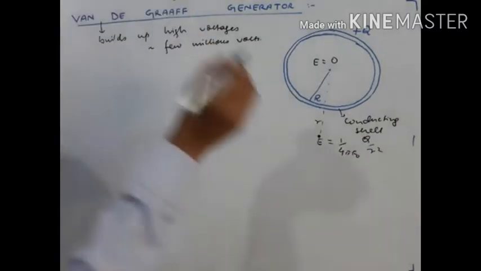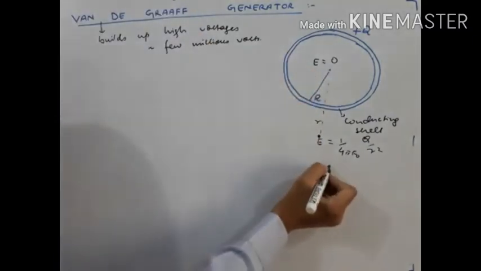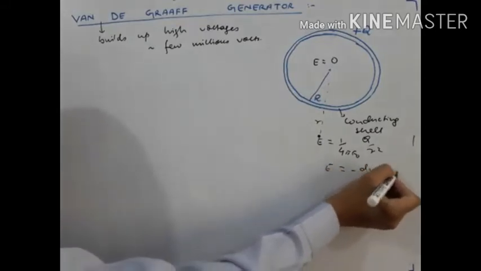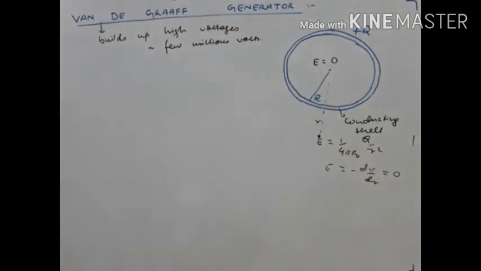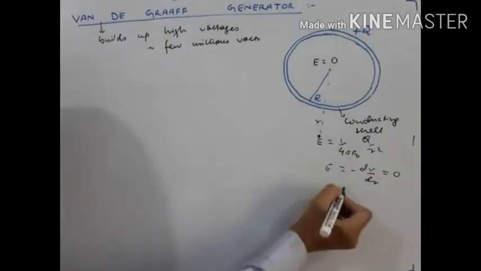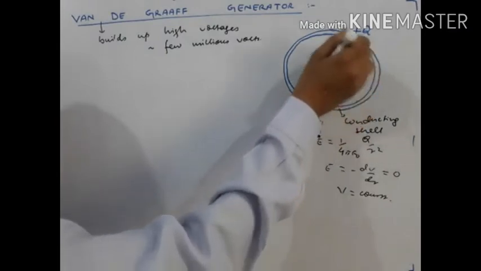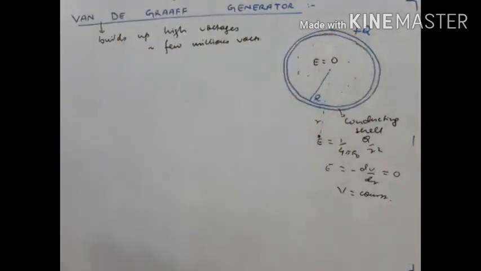Since electric field is 0 inside, we know E is equal to minus dV by dr, so that also becomes 0.